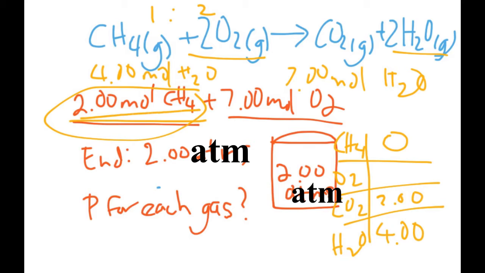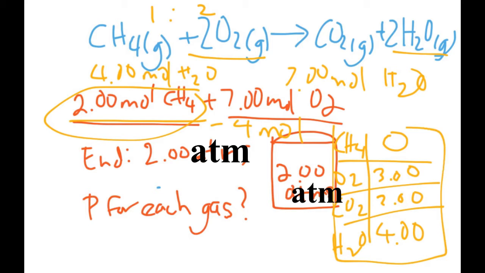So if 2 moles of CH4 are used up, then 4 moles of O2 are used up. And therefore, if we have 7 at the beginning and we lost 4, then we have 3.00 moles of O2 left over.